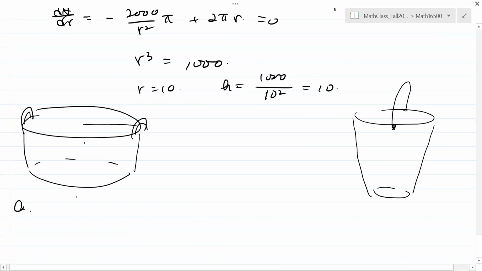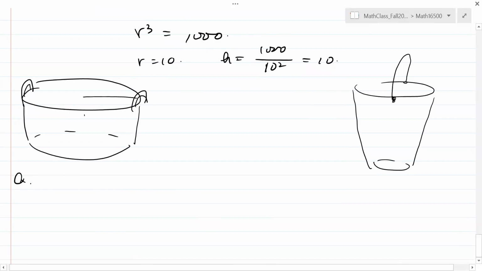All right. Then we are going to study integrals. So we begin with the antiderivative.